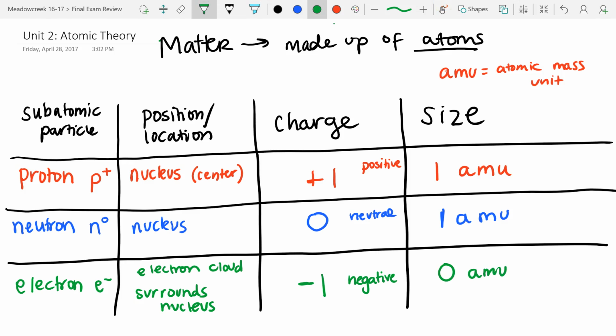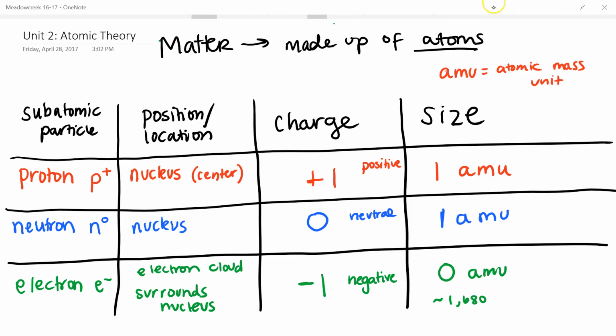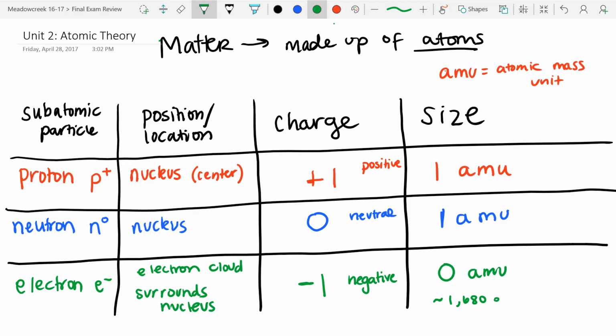And you're like, how? Doesn't it make up matter? And matter has volume and mass, so it must weigh something. And you're right, but that's because around 1,680 electrons weigh the same as 1 proton.